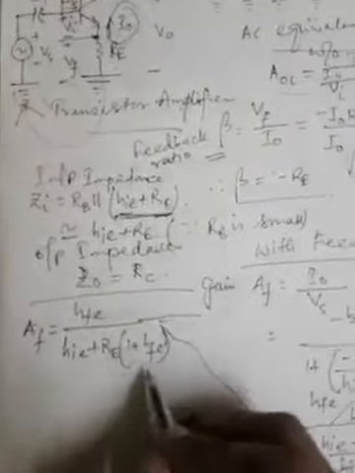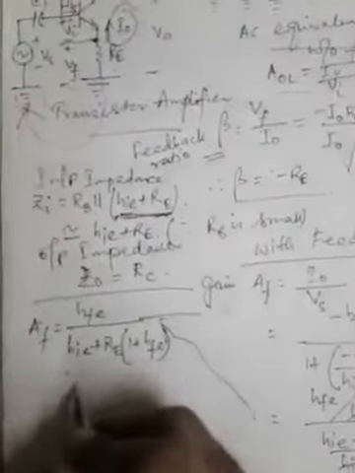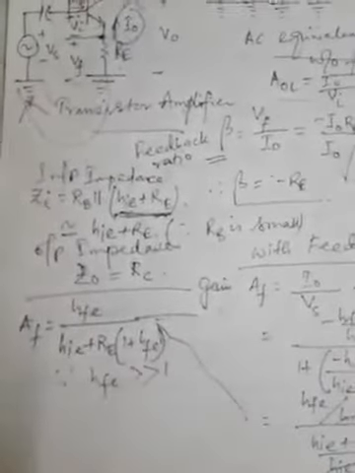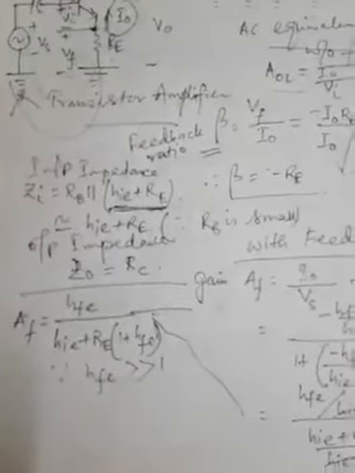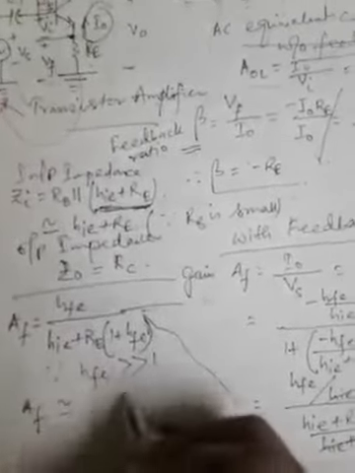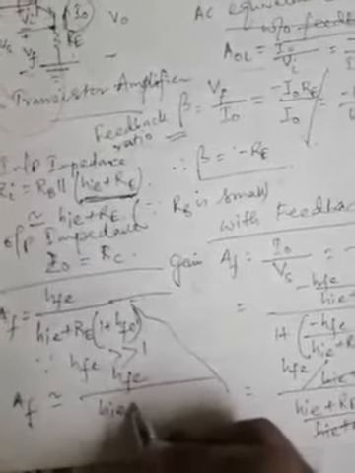Now we put in an approximation, since HFE, which is the beta gain, is far greater than 1, generally in the range of 200-300. So we can neglect 1 with respect to HFE. So AF is approximately HFE divided by HIE plus HFE RE.